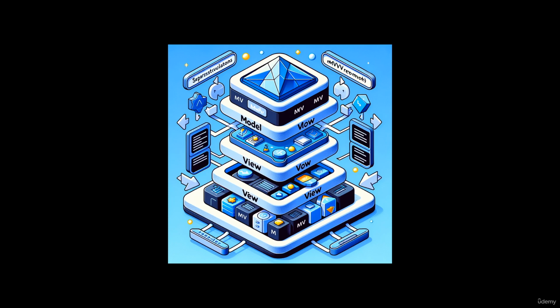State management is simpler and more intuitive with MVVM. The view model acts as the single source of truth for your app's state, making it easier to manage and debug state related issues.